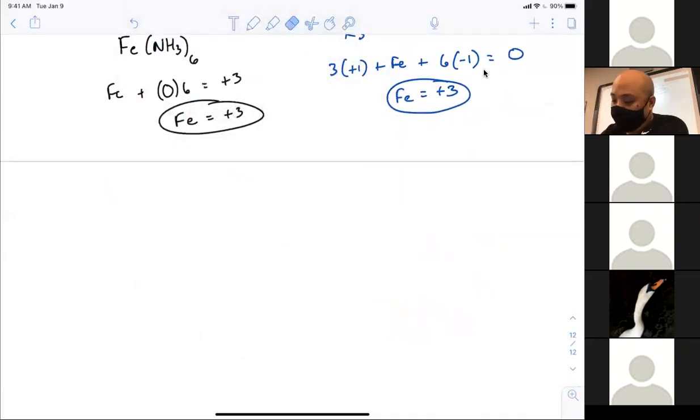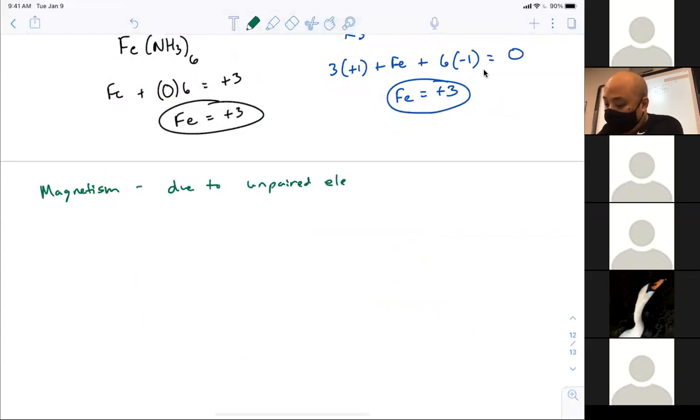Now, really quickly about magnetism. Magnetism occurs due to unpaired electrons. When there are unpaired electrons, that means there are electrons generating fields that are not canceled out by other electrons in the structure, and that's what causes a magnetic field. This is called paramagnetism.